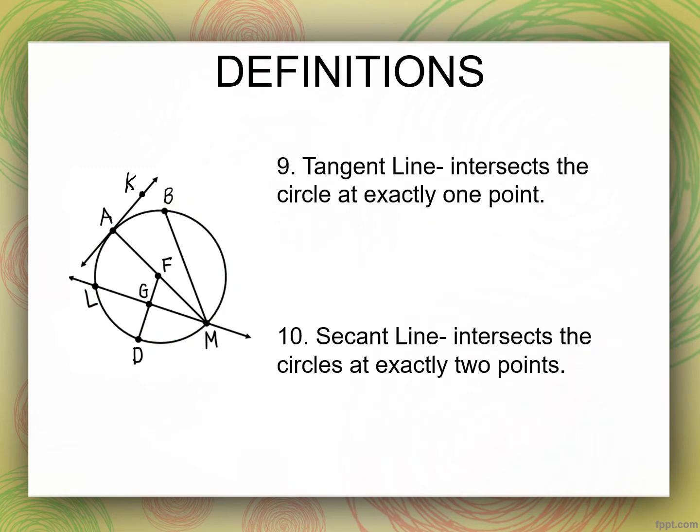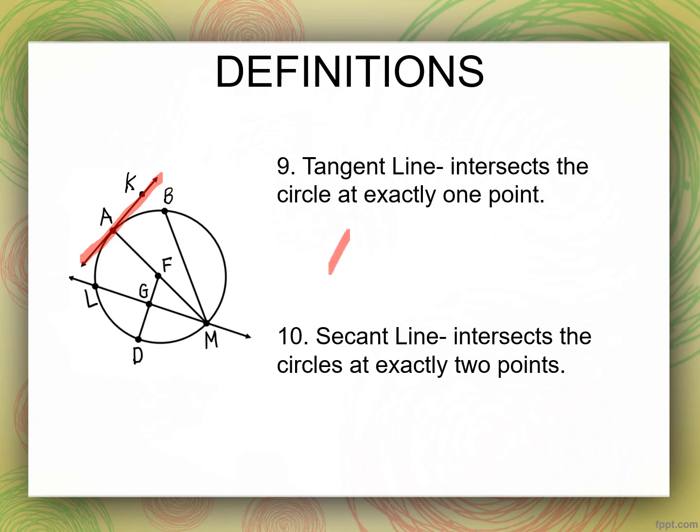Now let's have tangent line and secant line. A tangent line intersects the circle at exactly one point, while a secant line intersects the circle at exactly two points. From our given figure, we can simply identify tangent lines. Tangent line here, this line AK. As you can see, it touches the circle at exactly one point.